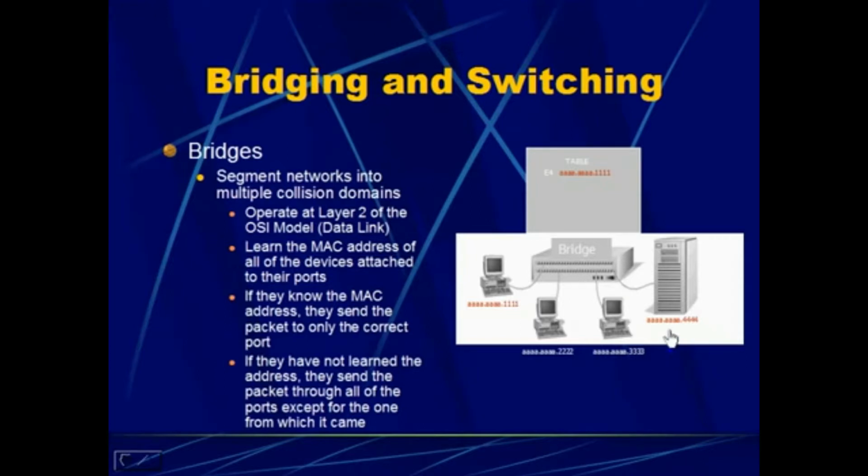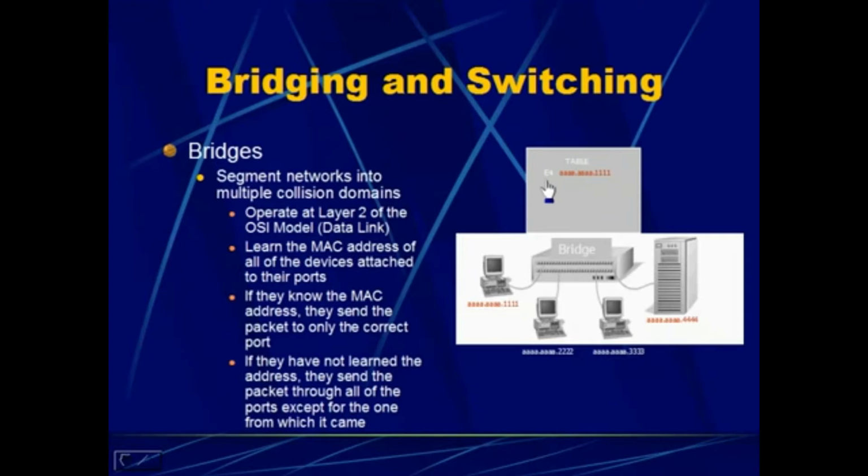Now the server wants to send information back to this computer. So the server addresses a packet with 1111. The packet comes up to the bridge. The bridge can now look at its table and it knows exactly where 1111 is.